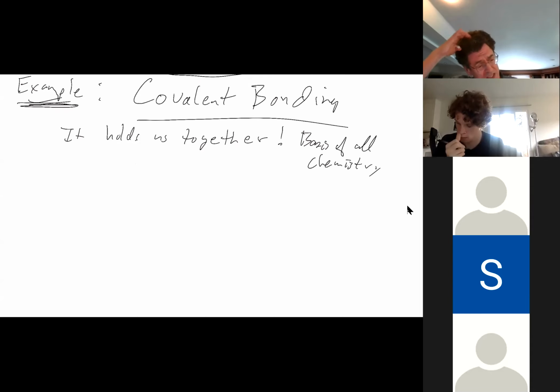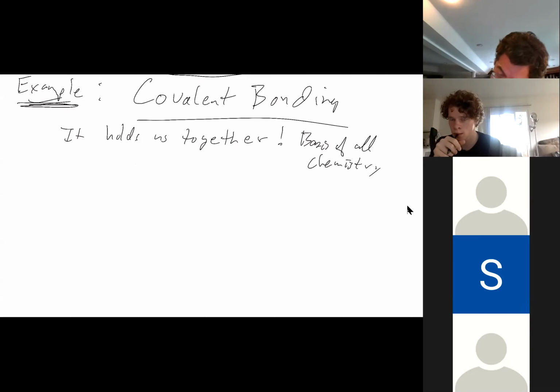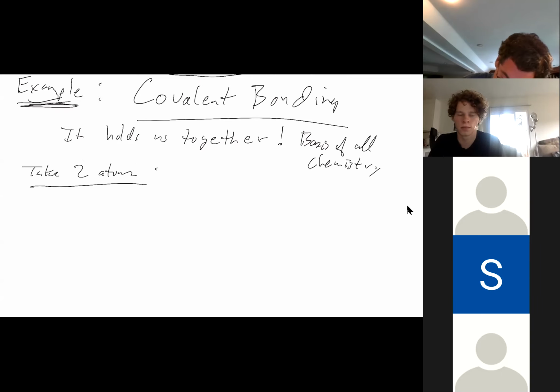So let's do it. I'll just set it up; I don't think I have enough time to go through the whole thing, but let's consider it. Let's take two atoms. Here are the atoms. I have a Coulomb potential, V of R, and here's my wave function.